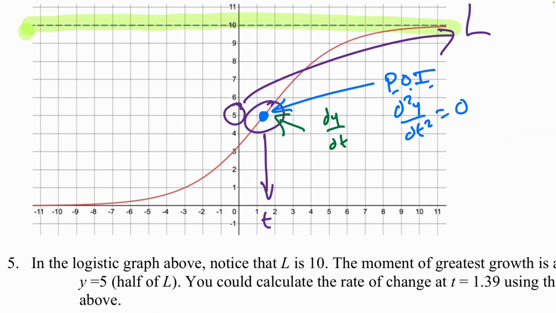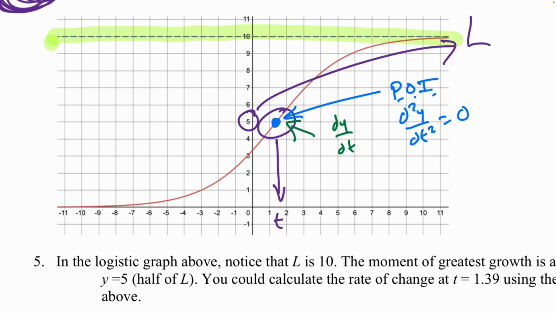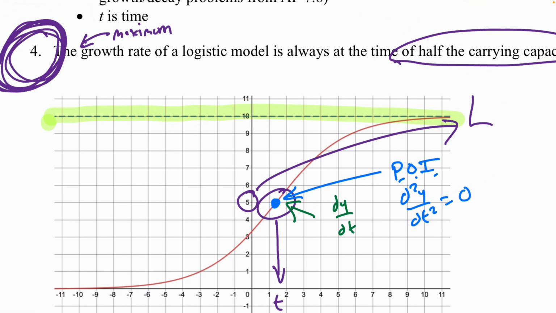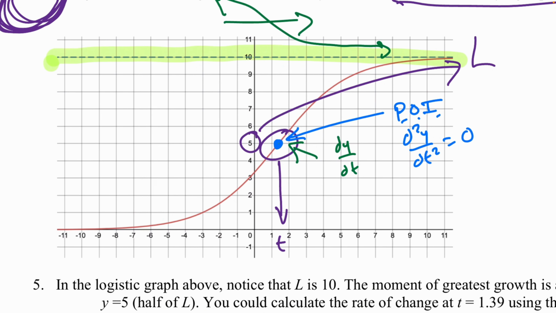The other thing to understand is that this is a model of logistic growth, but we can also be going down. If L is still our carrying capacity, then we would be going down to it like this green graph. We would be approaching the carrying capacity from the top, and as we move through time from left to right, we would be decreasing and coming down to that carrying capacity.